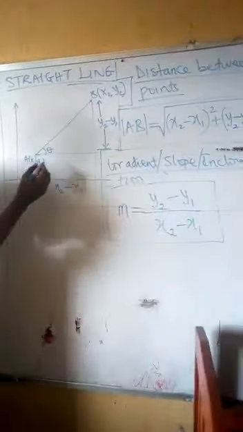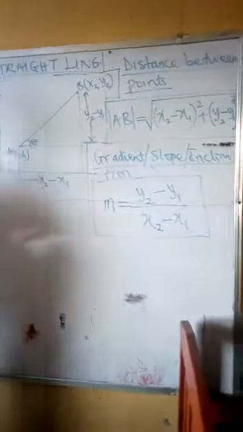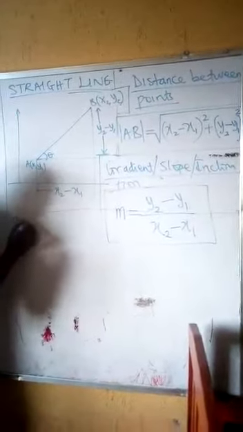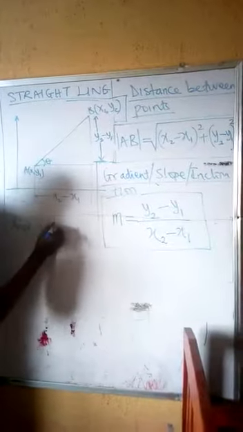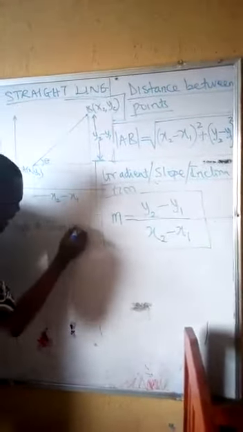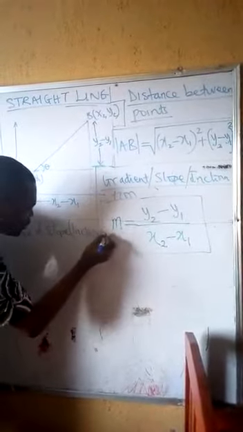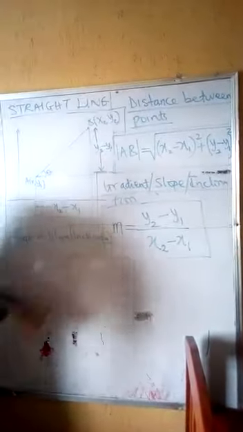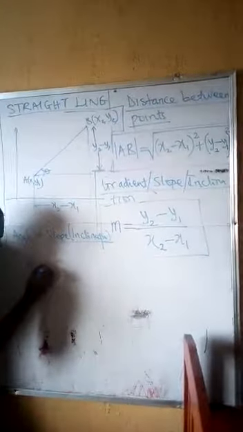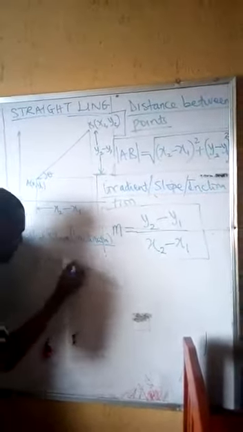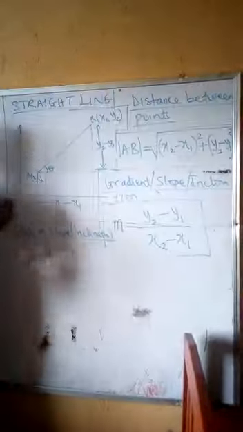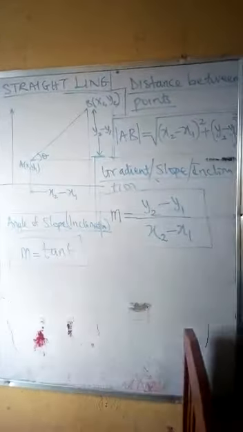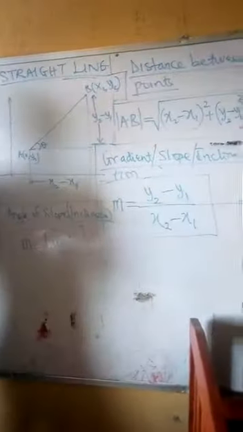Then you can relate this to the angle of slope or angle of inclination. You can get this from equating the gradient to tan theta.